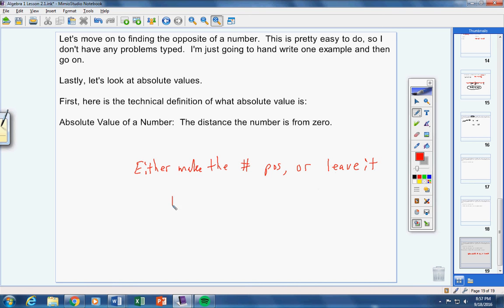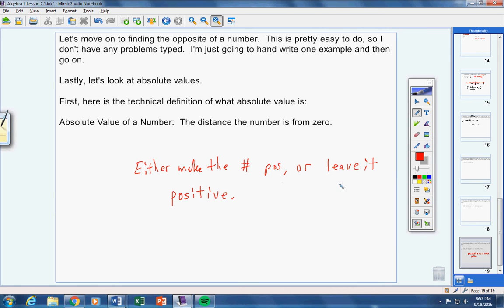That's it. So if you did not understand exactly what I said a second ago with the number line, that's fine. Some of you did, some of you did not, but all of us can do this. When I tell you to find the absolute value of a number, you take that number and you make it positive. Or if it's already positive, then leave it positive.